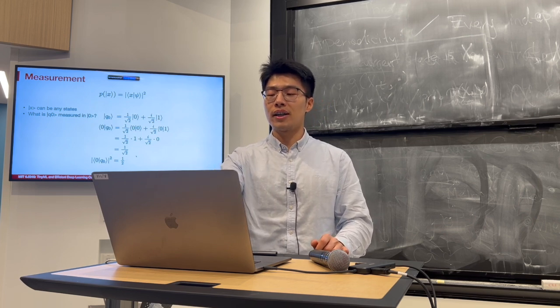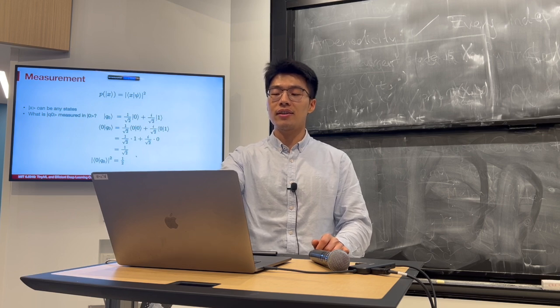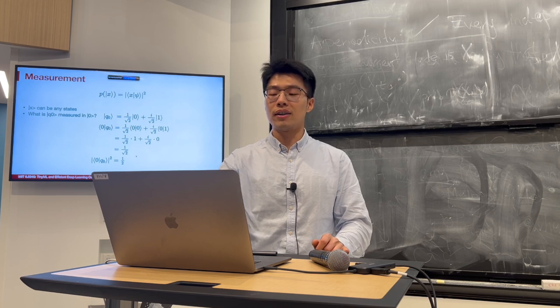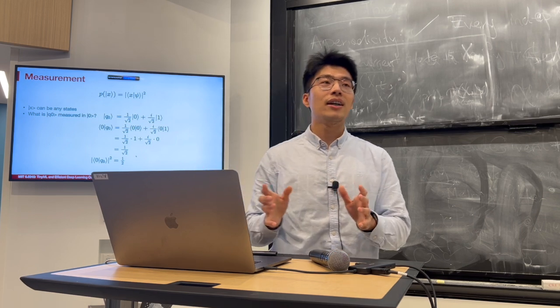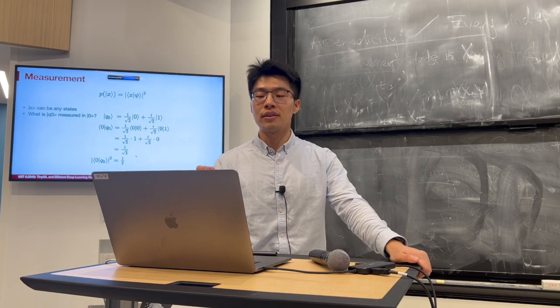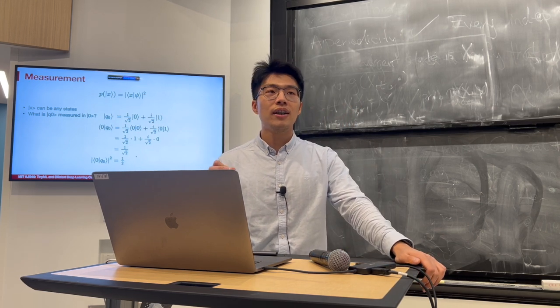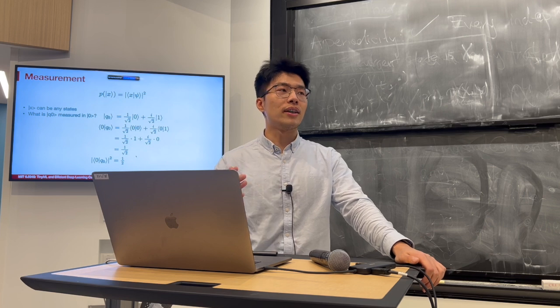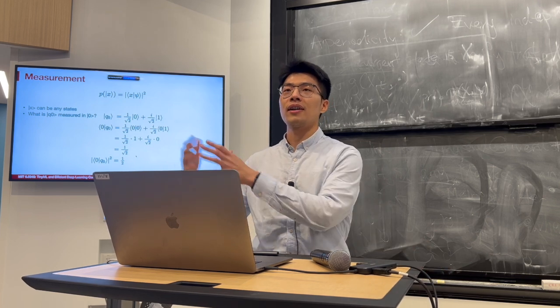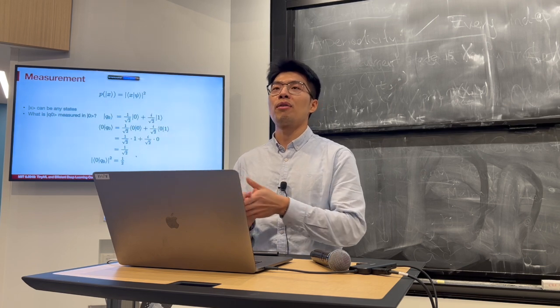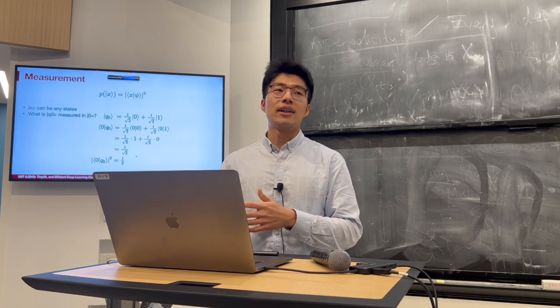So for example, the computation can look like this. We can compute this overall value to be 1 over 2, which means that when we measure this state in the 0 dimension, there is a half probability that we obtain a 0 state. And of course, there is another 50% probability that we measure the 1 state, right?